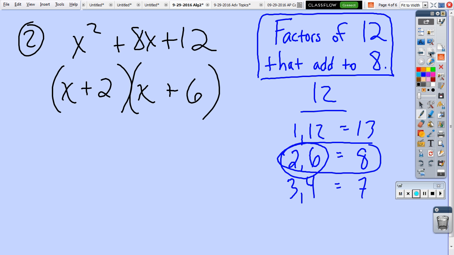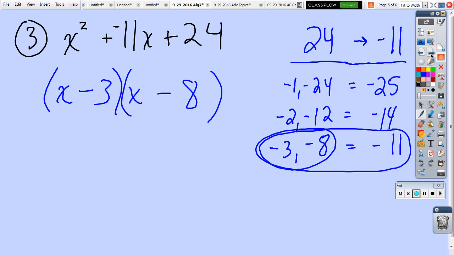All right, so let's look at another one. Number 3, we have x squared plus negative 11x plus 24. All right, so factors of 24 that will add to negative 11. The factors need to make a product that is positive but a sum that is negative.